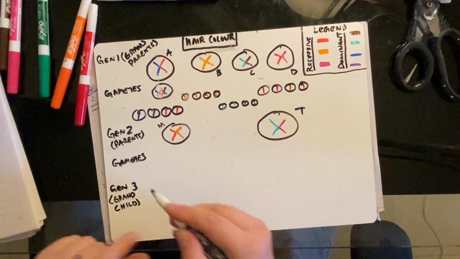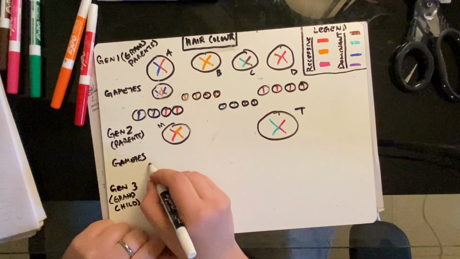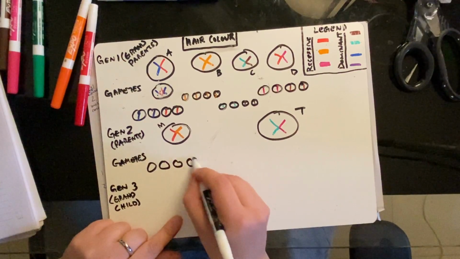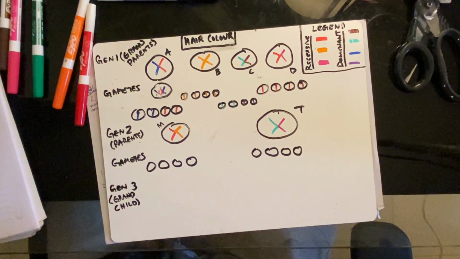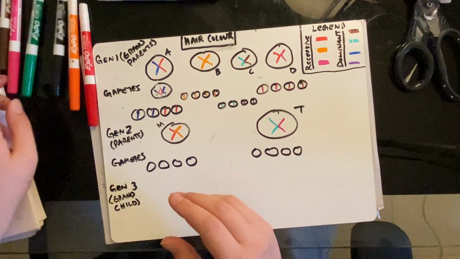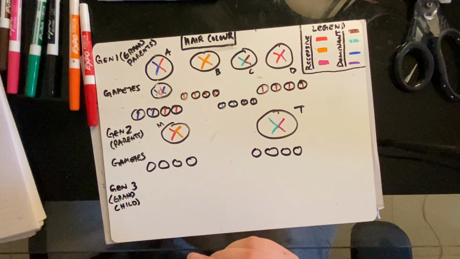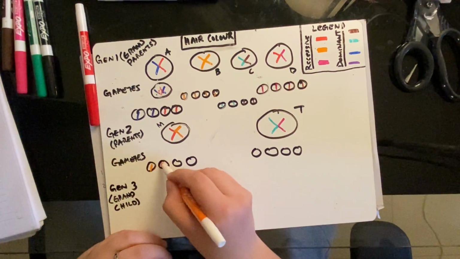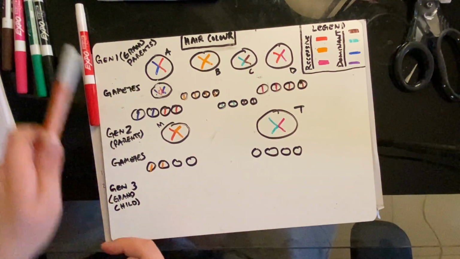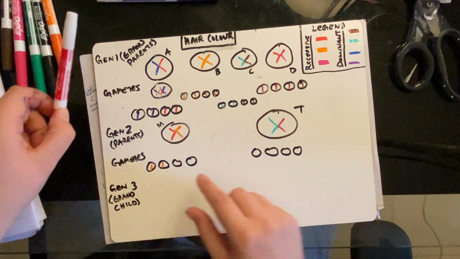So draw out the gametes. I'm not going to do that step again. 1, 2, 3, 4. 1, 2, 3, 4. Okay. I need 2 oranges for the chromatids and the gametes from Mom.